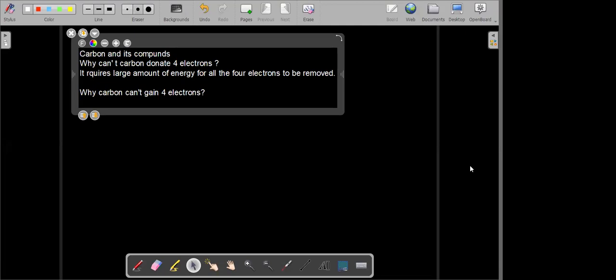Sir, a carbon atom has 6 protons in it, and it is very small to handle that. If it gains 4 electrons, it is tough to handle 10 electrons in it. Yeah, very good.